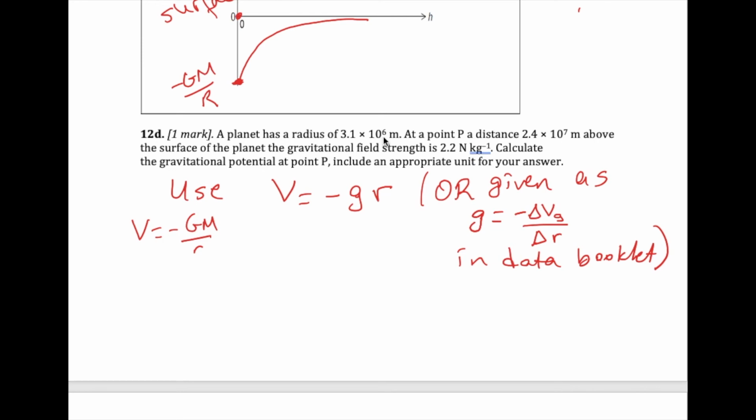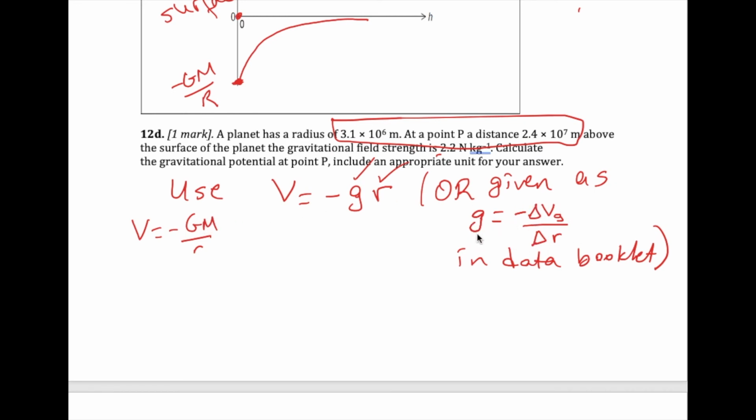You know the radius of the planet and the gravitational field strength. Well, you would have to add these for the total height from the center, but you don't know the mass of the planet, so you can't use this. That's when you go back to your data booklet and you can find that.